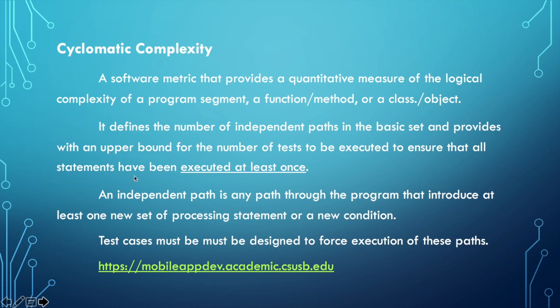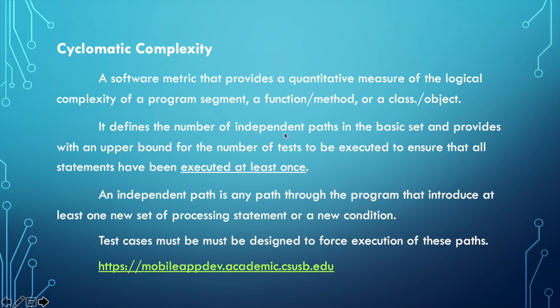100% test case testing? So there is a software metric that measures the logical complexity of a program segment, a function, or a class, or an object. This is called cyclomatic complexity. That's a measurement. And how do we define it?